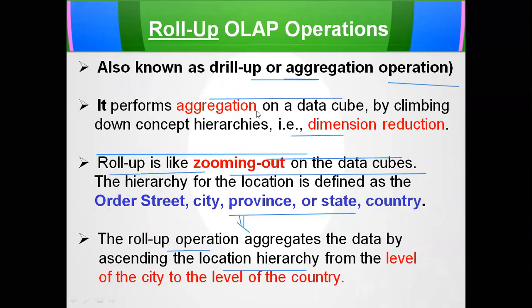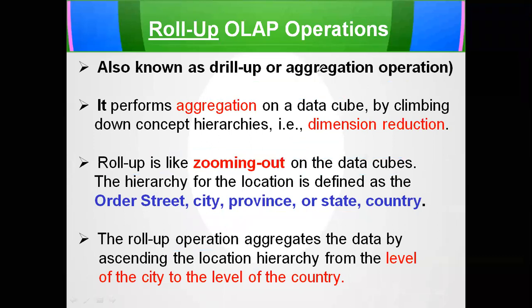So what is roll-up operation? We'll see in detail. So this roll-up operation is also called as the drill-up operation or aggregation operation, right? If you see here, this roll-up operation is also called as the aggregation operation. So this drill-up operation performs aggregation on the data cube.